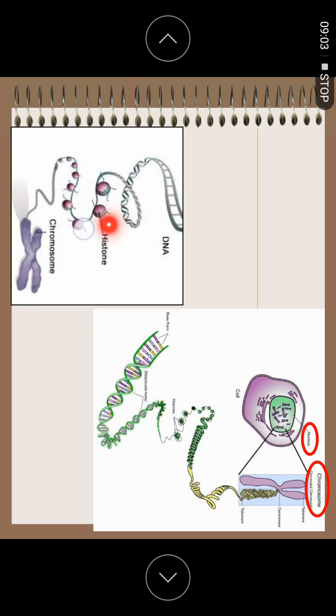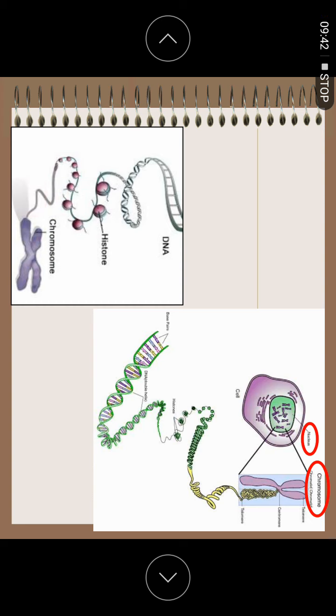Imagine you have a long thread. If you don't have something to hold that thread, it will tangle up. So the histone makes sure our DNA will not tangle. It holds it up and arranges it nicely packed in the chromosome. So the chromosome is the genetic material, where the DNA is stored.